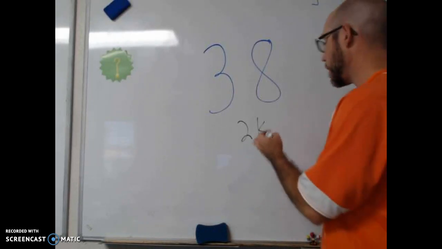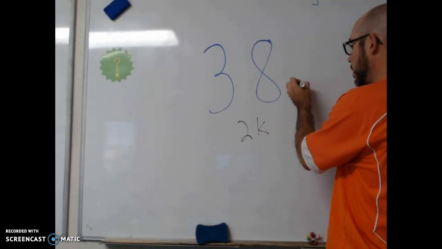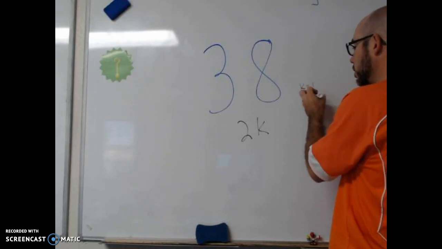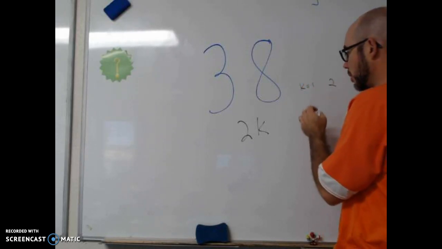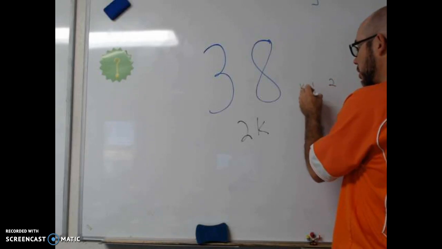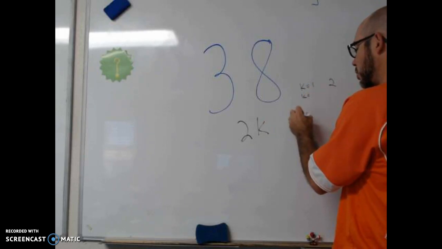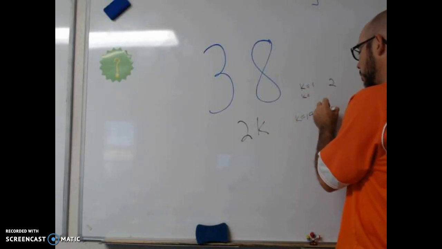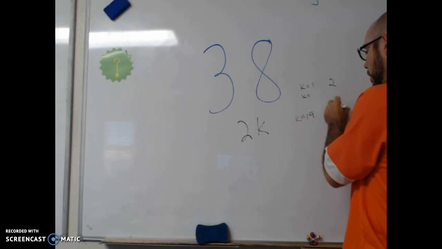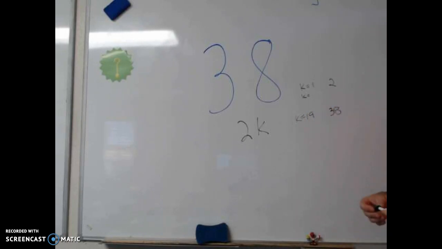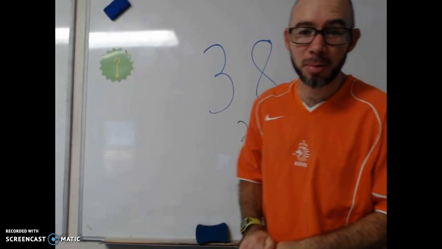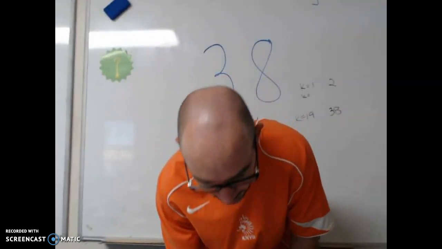So k equals 19 is the prime number, and then there's our even prime, which doesn't really exist. Let me show you another one.